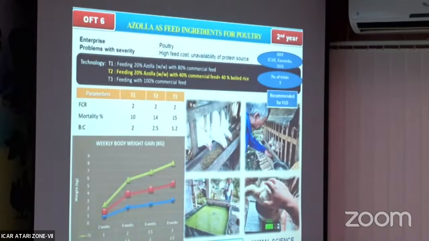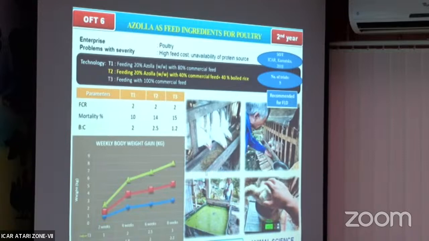Coming to the next OFT, incorporation of azolla as feed ingredient for poultry. The problems which we have faced in my area are the high feed cost and unavailability of protein source.